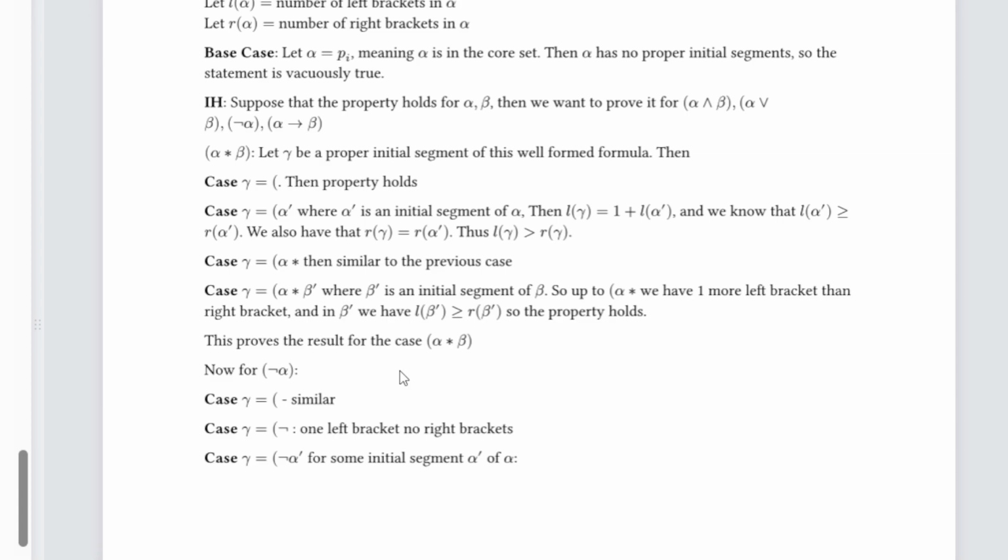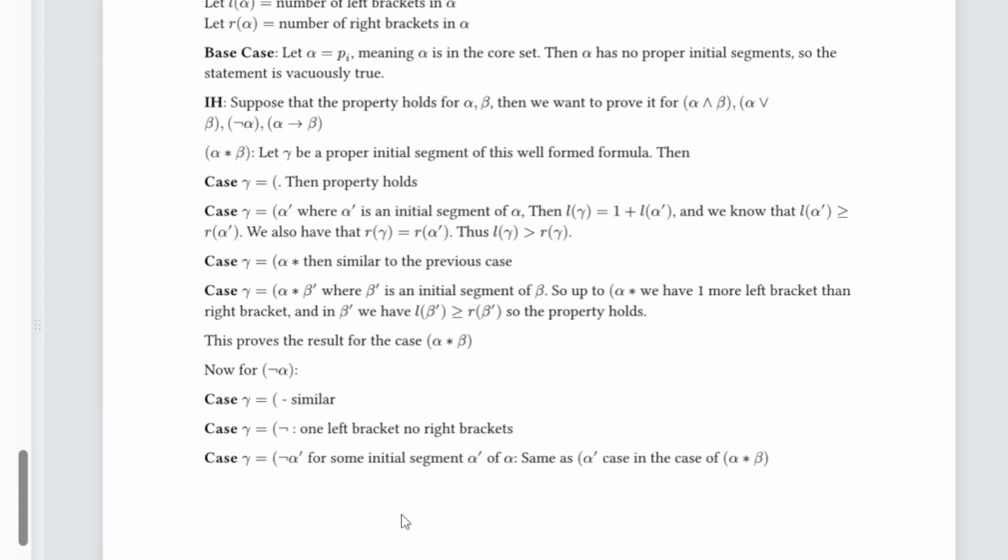In this case, it is the same as the case of open bracket alpha prime in the previous case, or in the case of alpha star beta.